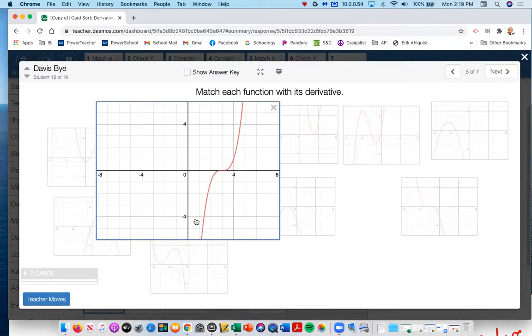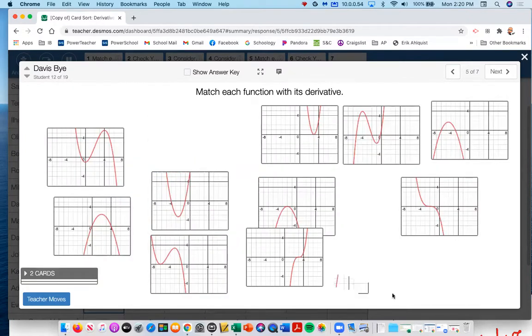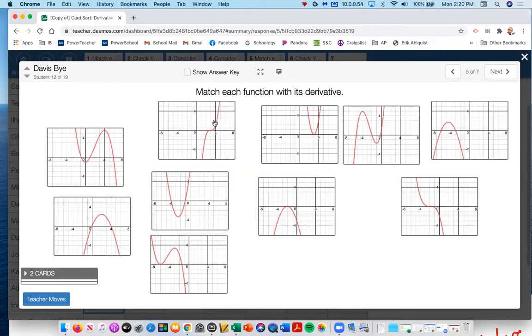So we need a graph that's positive, then touches 0 at 3, and then goes positive again. Do you see how this one does that?